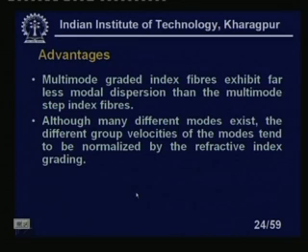Although many different modes exist, the different group velocities of the modes tend to be normalized by the refractive index gradient. The light which travels at the center along the axis of the fiber core will have a lower speed. If it goes to the extreme, the core-cladding interface, it has a higher speed, because as you know, if the refractive index increases, the speed of light decreases.